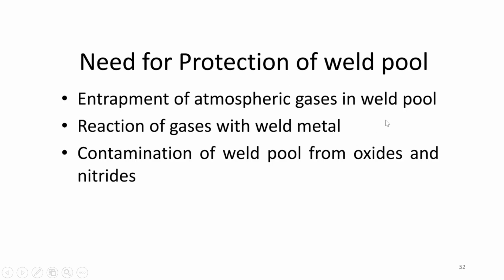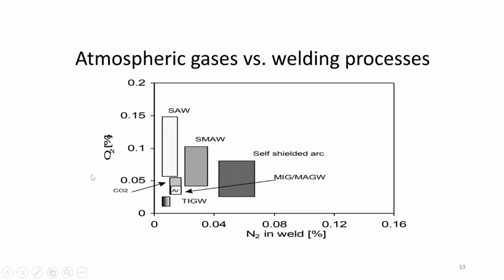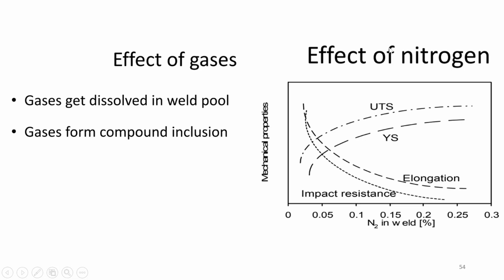So why? Because your weld pool can react with the atmospheric gases, leading to the formation of oxides and nitrides, which will contaminate, and this we already saw. And with the dissolution of these gases, it will lead to compound formation, and these compounds will affect UTS and yield strength.